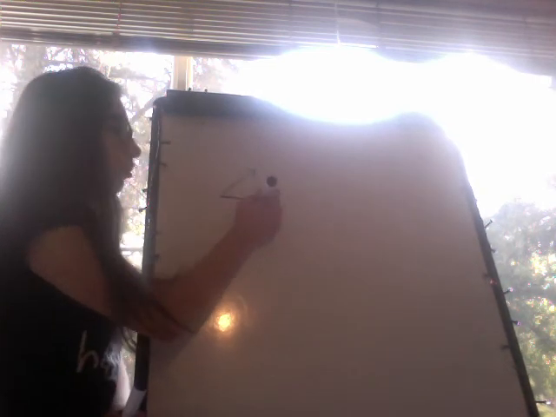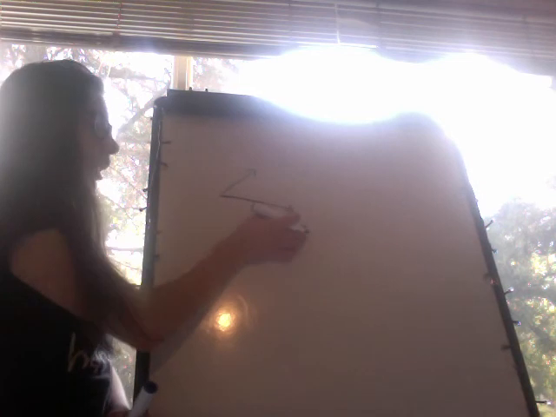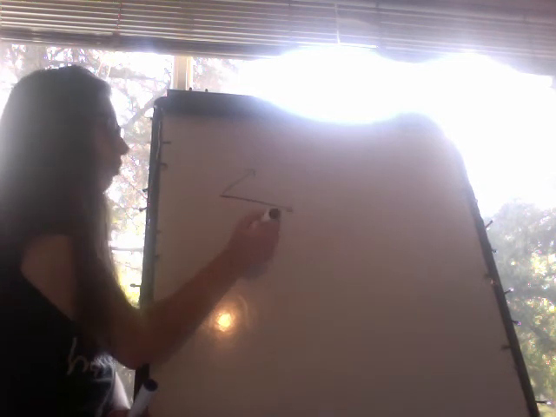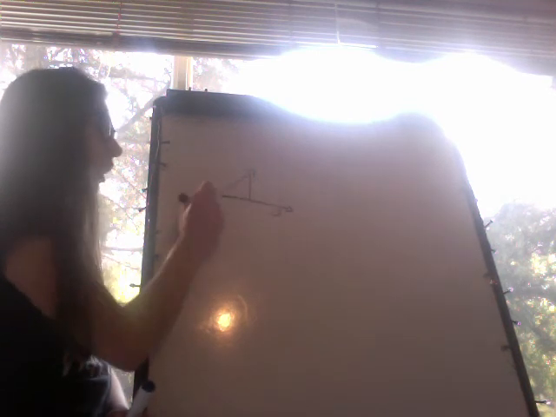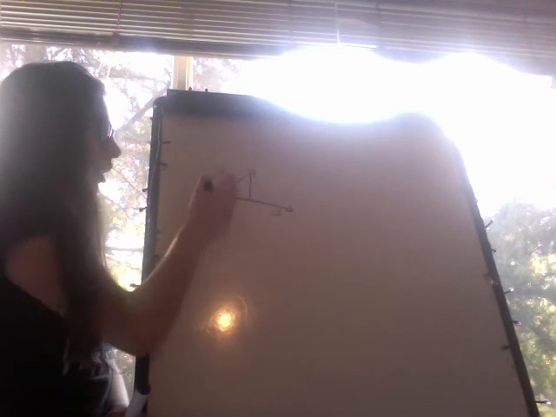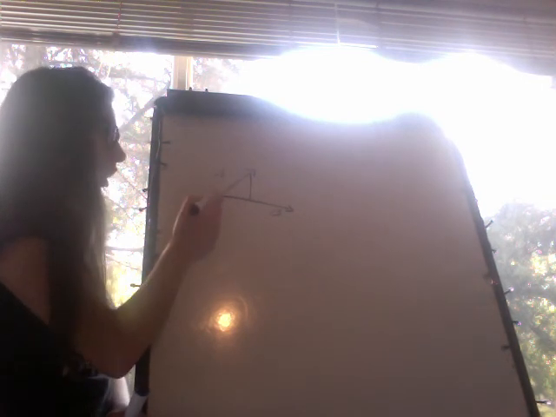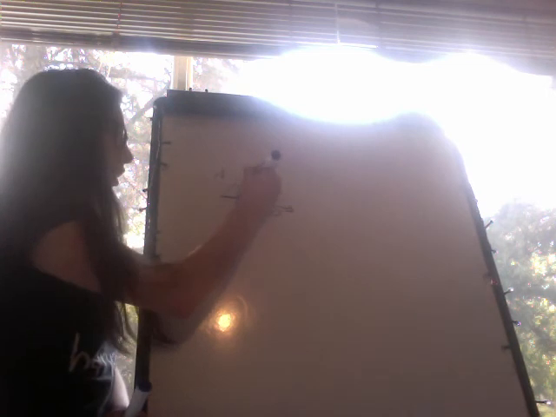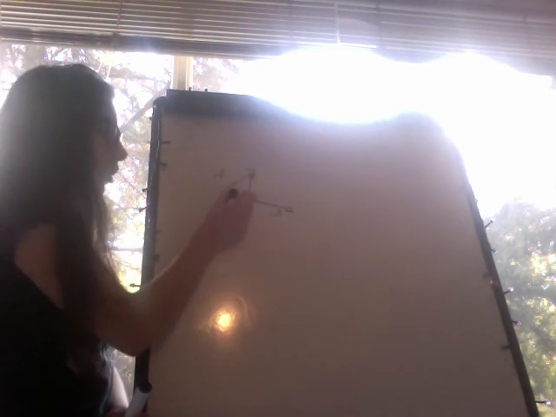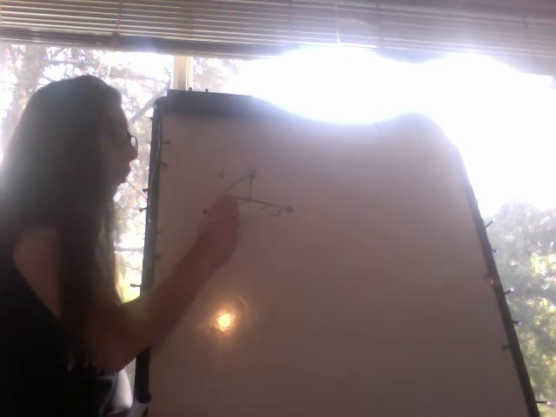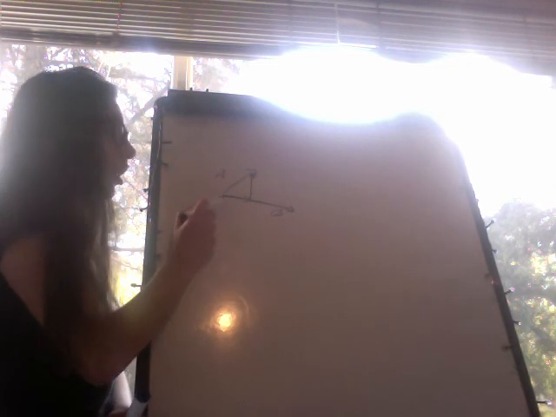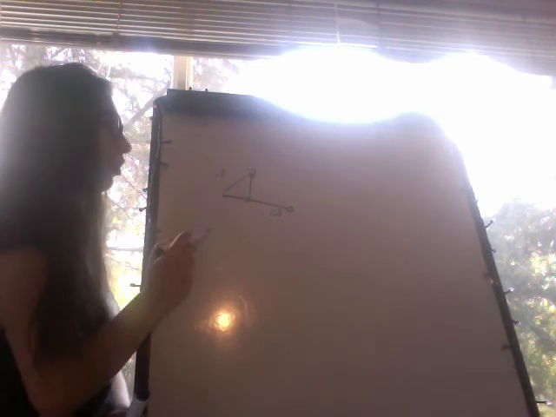Sometimes we want to express, let's say, this vector A as the sum of a vector in the direction of vector B, and a vector that is orthogonal to vector B. So vector A is equal to the sum of this vector that is parallel, or in the same direction as vector B, plus this vector.